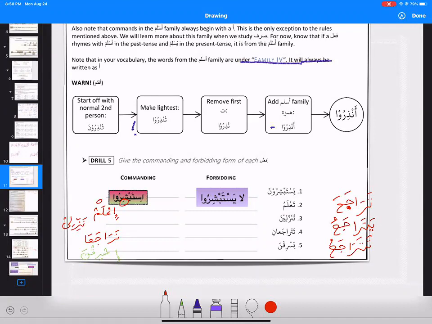Istabshiru is a pattern because you mentioned it many times. Yeah, there are different patterns of the family. And some families are very easy, like allim, taqallim becomes qallim, right?